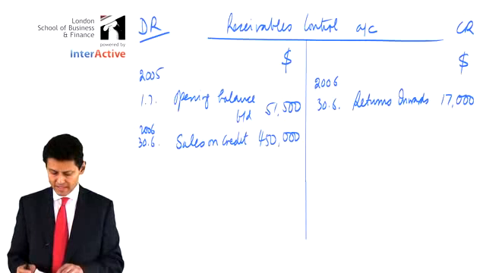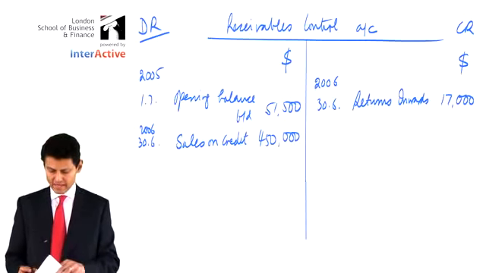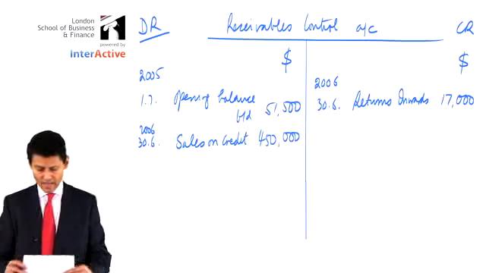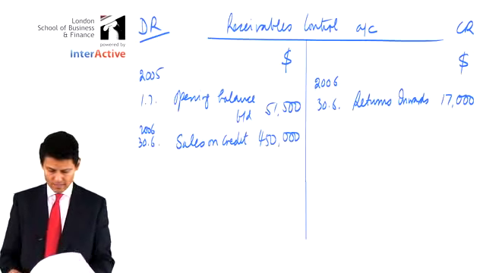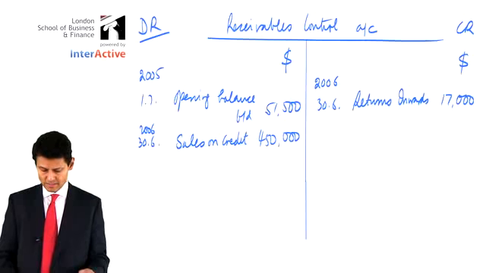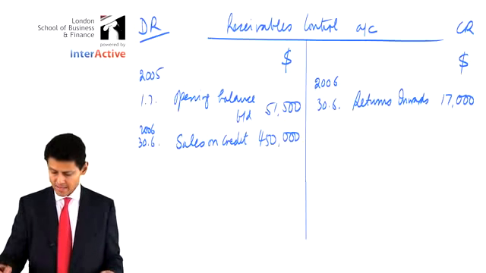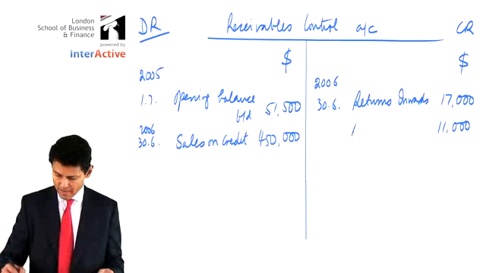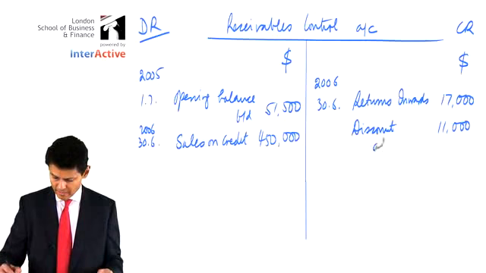All right, let's try the next exercise, the next little item. We have the returns inwards under control. The next one I can see is the discounts allowed by us to customers. So discounts allowed will end up on the same side because you have deducted the amount they owe us, reduced it a little bit.